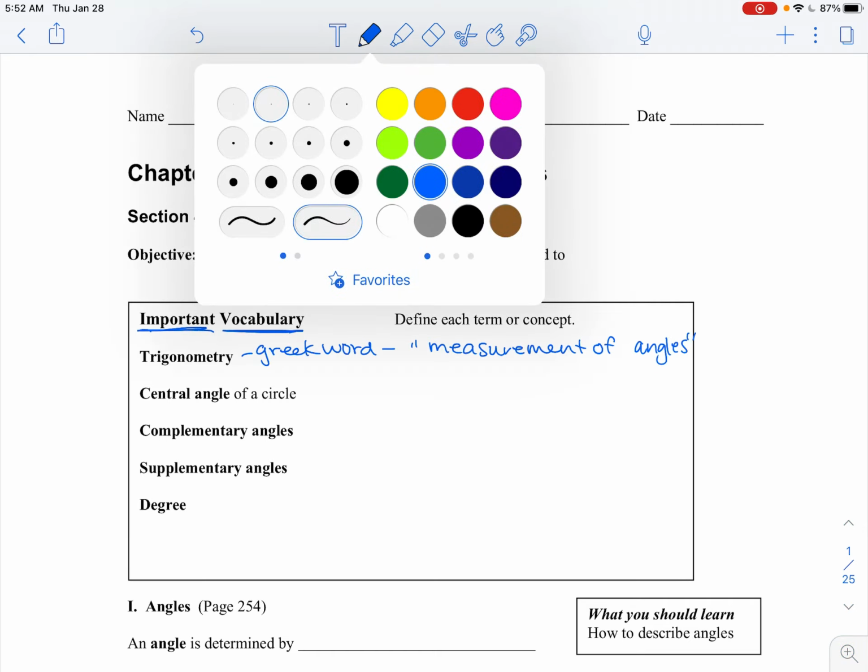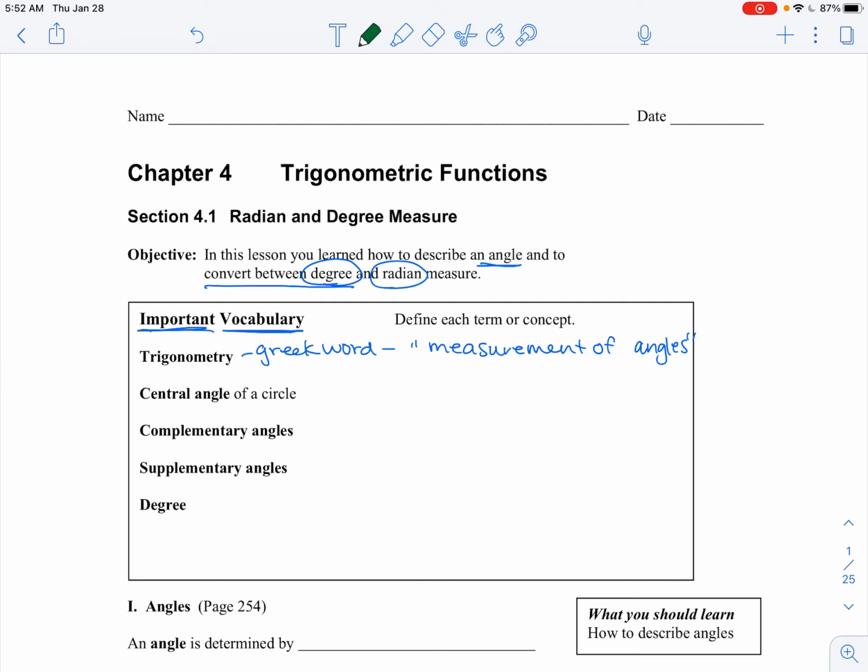Okay. The central angle of a circle is an angle whose vertex is the center of the circle. So I use this notation. Instead of writing the word out angle, I just give it this symbol.